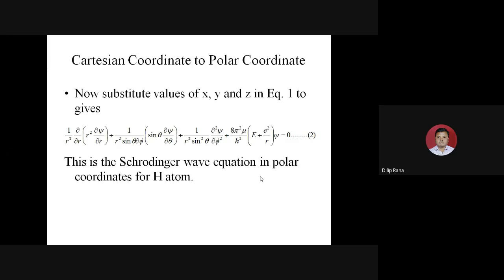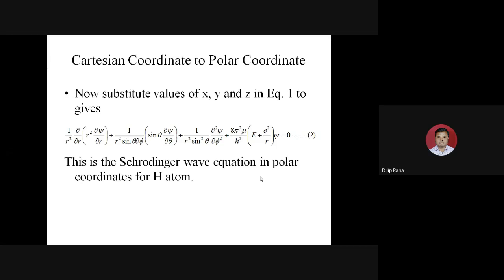Similarly, if we determine the angular equation for the Schrodinger equation, we can have the information for theta and phi, which helps us know the next quantum numbers, that is l, the azimuthal quantum number, and m, the magnetic quantum number.